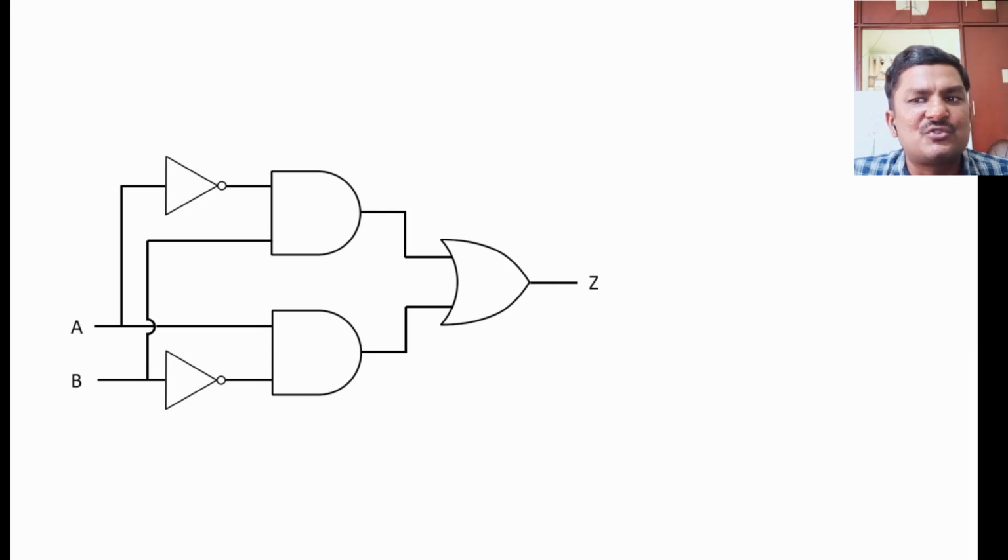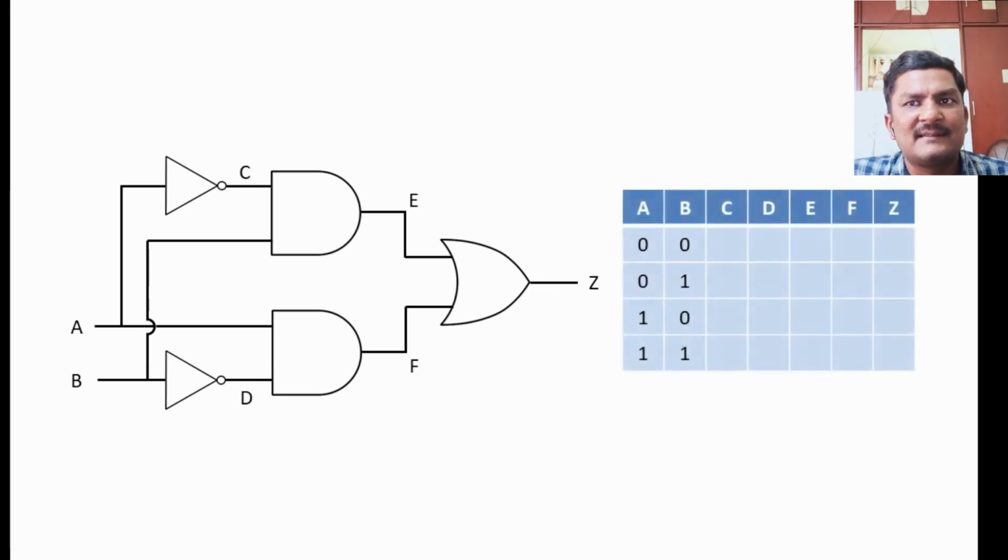Next, 2 AND gates, 2 NOT gates and 1 OR gate. C is not A. So if A equal to 0, C equal to 1.